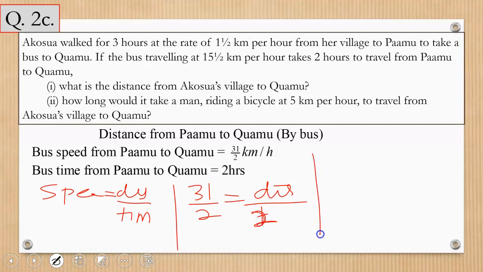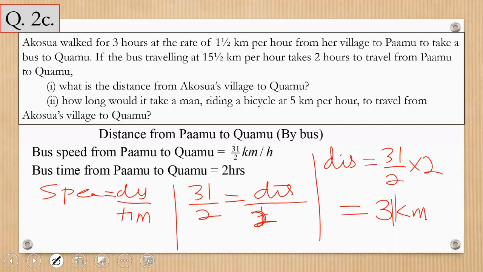Making the distance the subject, distance is equal to 31/2 times 2, which of course gives us 31 kilometers. So 31 kilometers becomes the distance from Pemu to Kwemu.